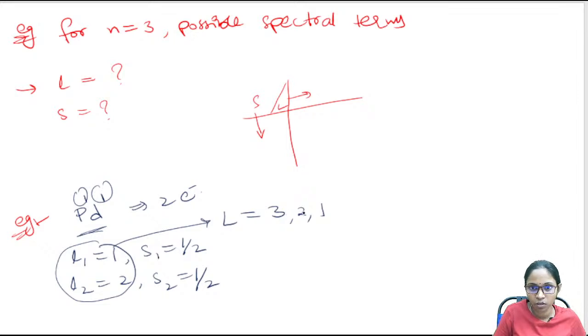L values will be 3, 2, 1, and S values will be 1/2 plus 1/2 is 1, 1/2 minus 1/2 will be 0, so 0 comma 1.